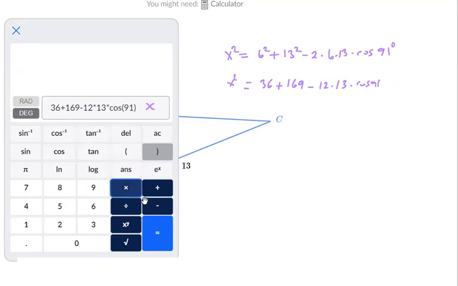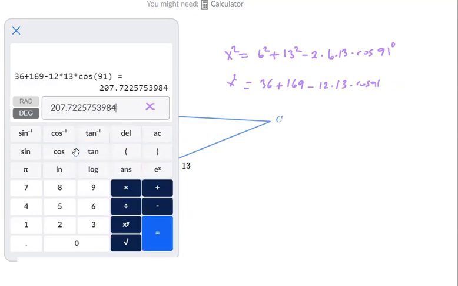I think I did it correctly. Now I got this number, but make sure this is not your answer. This is x squared. So x squared equals 207.72, something like that.